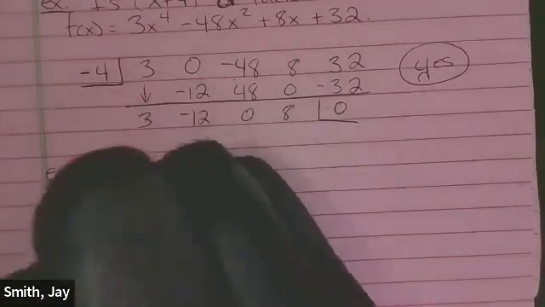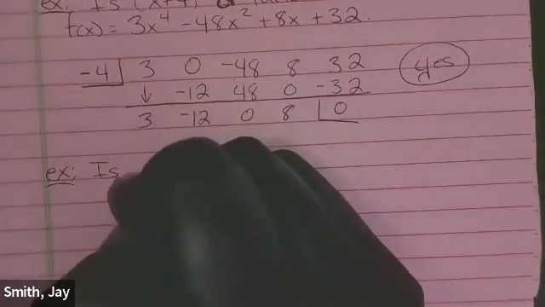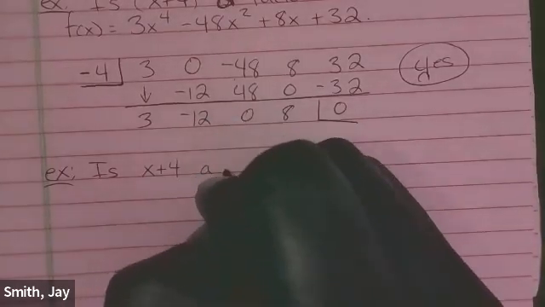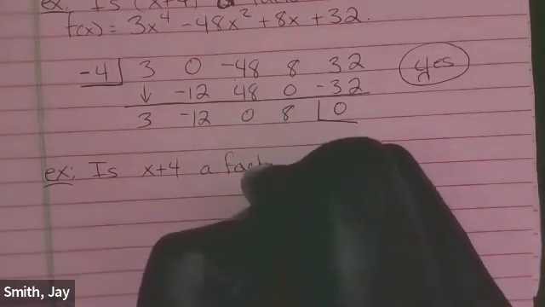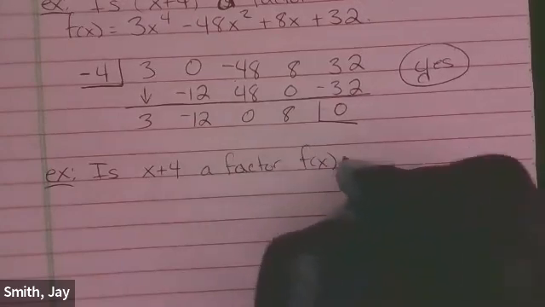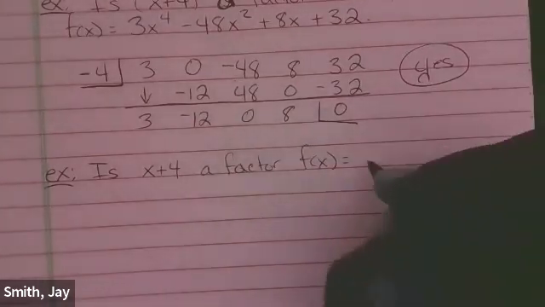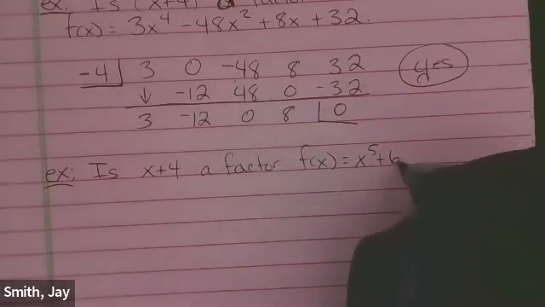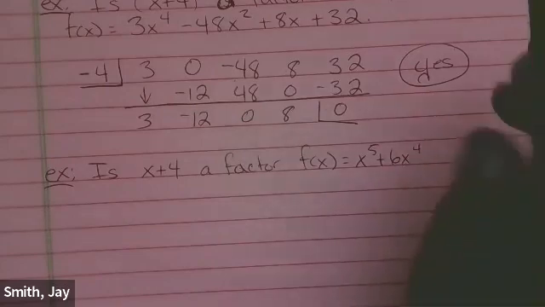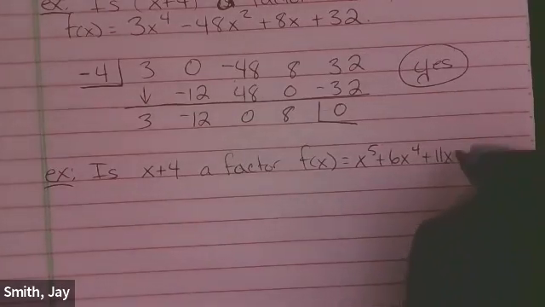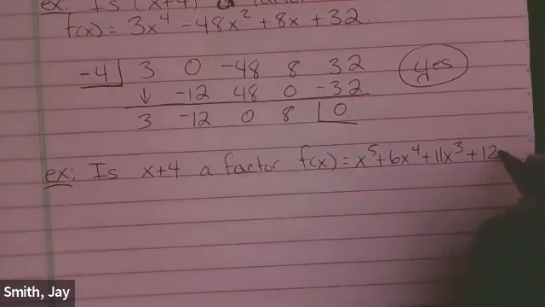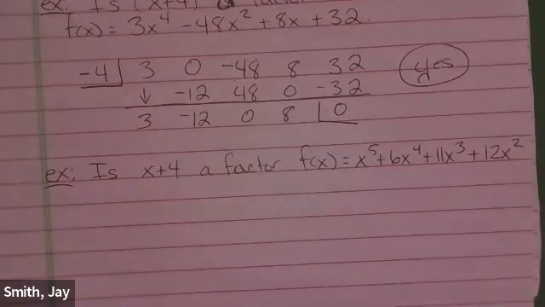we're asked to find is x plus 4 a factor of f of x, and this time our f of x is x to the fifth plus 6x to the fourth plus 11x cubed plus 12x squared plus 5x minus 20.